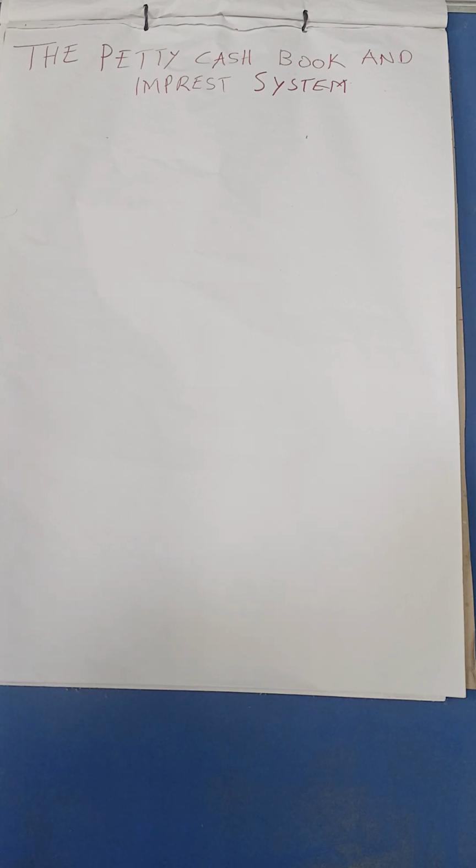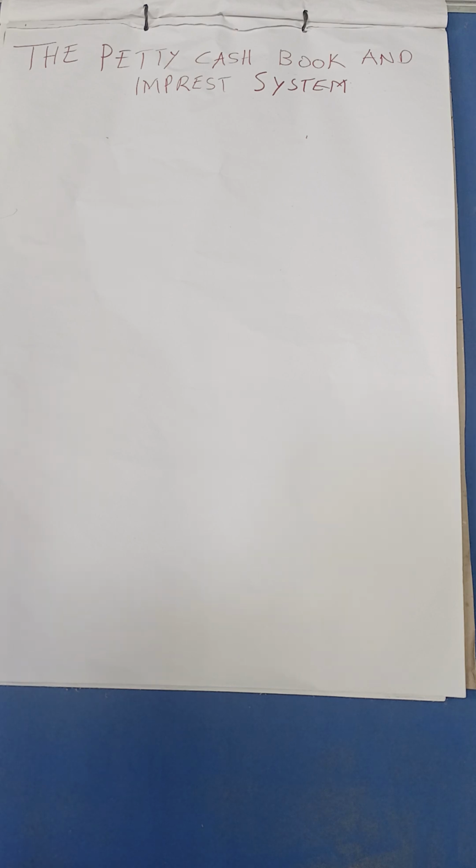Let me just give a verbal example. Let's say an organization, my farm, I run a farm that has a cash flow of billions. And then I want to buy just maybe a box of pens, costing maybe 100 shillings.